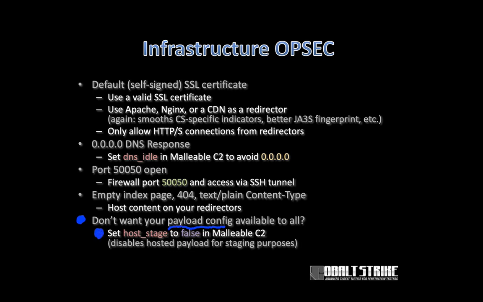That is the host stage option. When you set host stage to false, you do lose the benefits of staging. You lose the ability to easily receive a session from the Metasploit Framework, and you lose the ability to use a user-driven attack that embeds a payload stager inside of it.